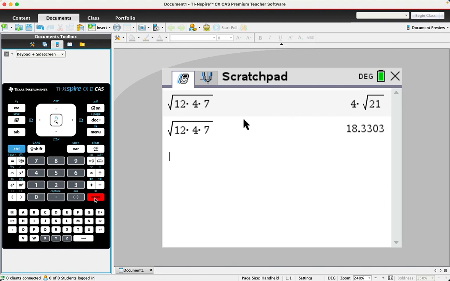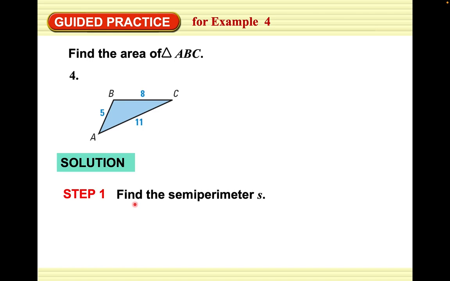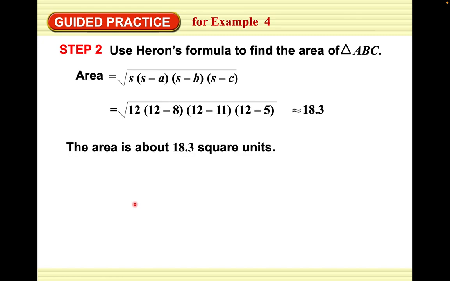So this should be about 18.3 units squared, whatever that happens to be. I'll go ahead and accept 18.3. That works for me. Okay, so here is from the PowerPoint. You can see they've done the same thing, and they got the 18.3. All right, this is your key to using the law of cosines and Heron's formula, and I hope it works for you. Thanks.